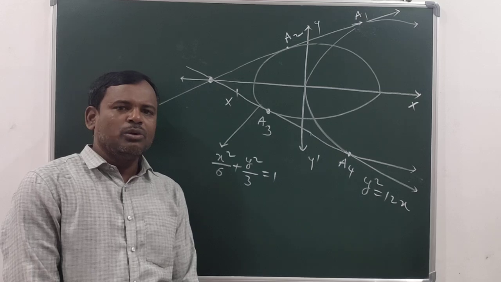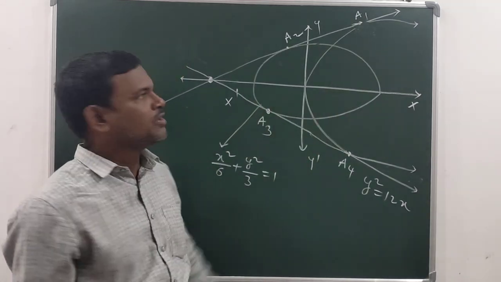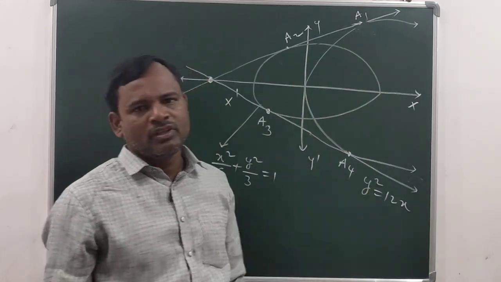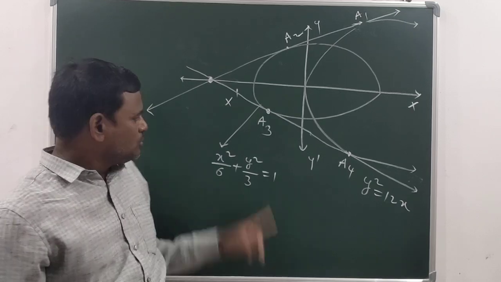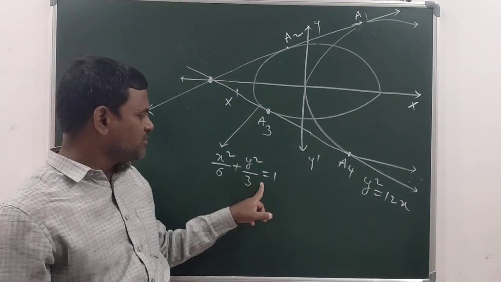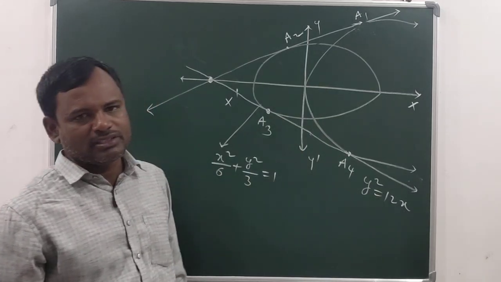What is given? Two curve equations are given. One is an ellipse, x square by 6 plus y square by 3 equal to 1, and one more is a parabola, y square equal to 12x.